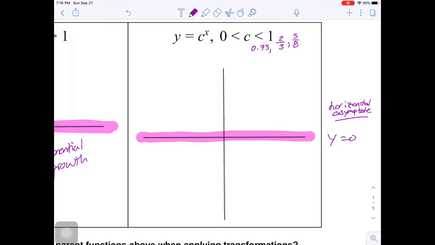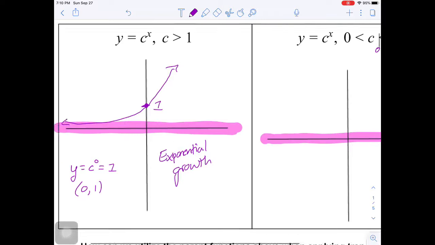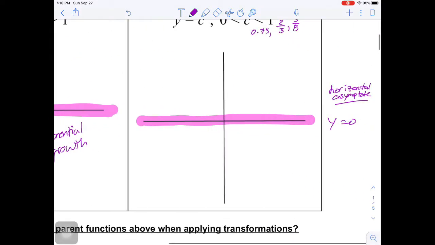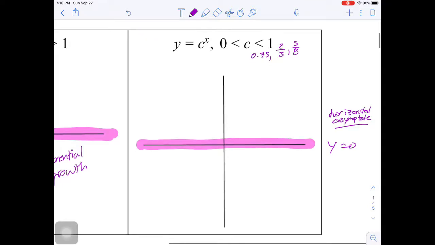Just recognize it's simply this type of graph flipped. The same idea works: we have a y-intercept at 1, because remember, any number to the power of 0 is 1. So we have (0, 1) here.